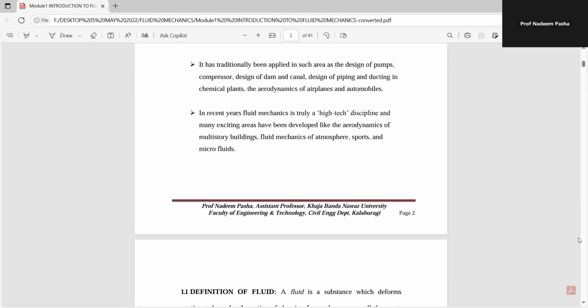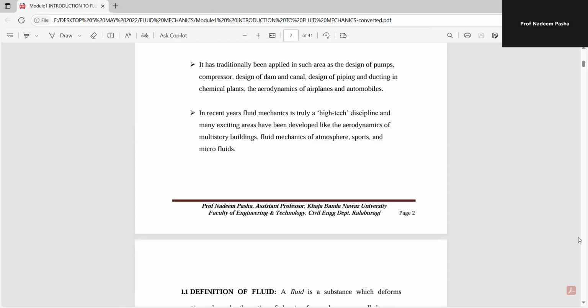In recent years, fluid mechanics is truly a high-tech discipline, and many exciting areas have been developed, like the aerodynamics of multi-story buildings, fluid mechanics of the atmosphere, sports, and microfluids.